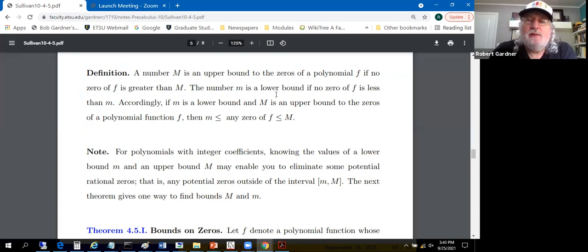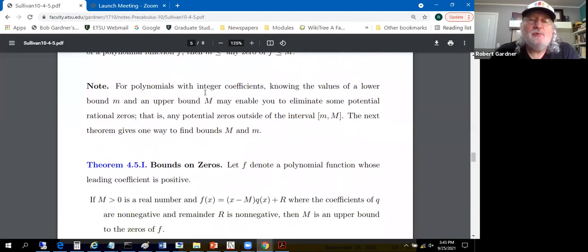The number lowercase m is a lower bound if no zero of f is less than lowercase m. Accordingly, if lowercase m is a lower bound and capital M is an upper bound, all the zeros lie between those. So we've got a lower bound, we've got an upper bound, and all the zeros must be in between there. How do you find these capital M's and lowercase m's then becomes the question. And that's a question we can answer under certain circumstances. So even finding these bounds, we're going to be limited in the technique.